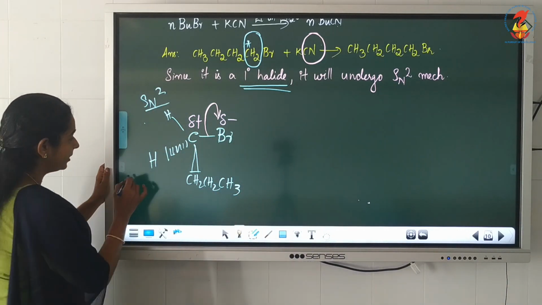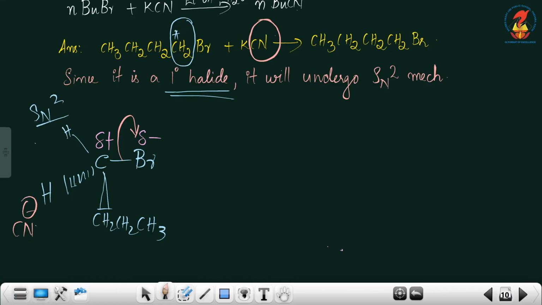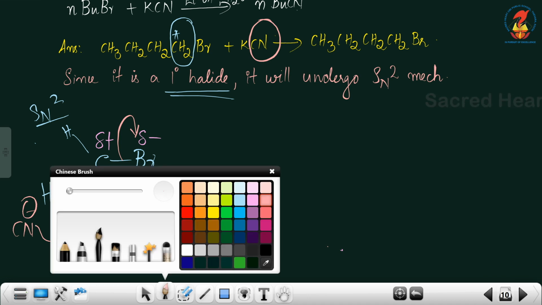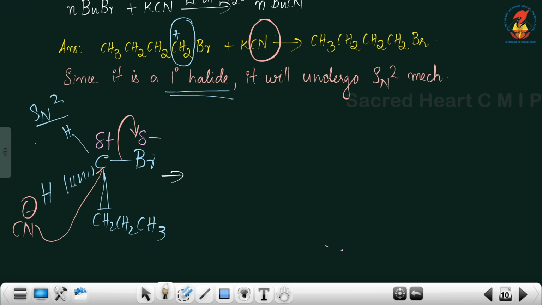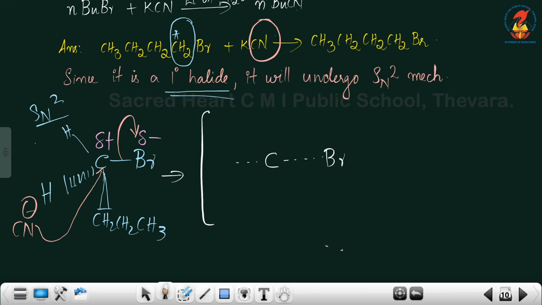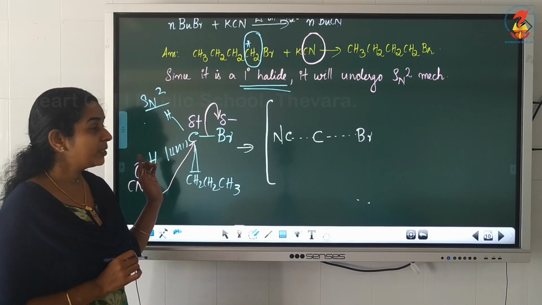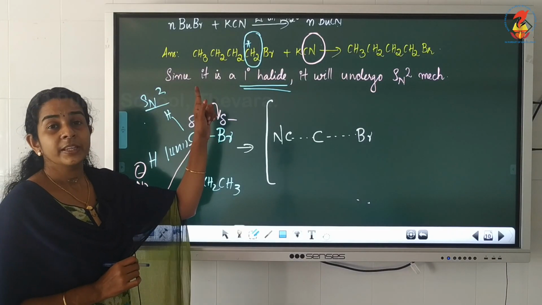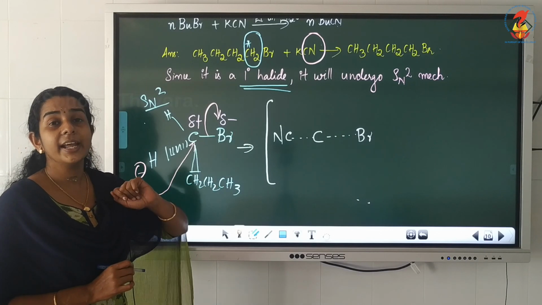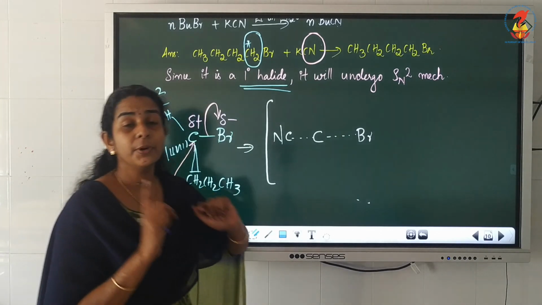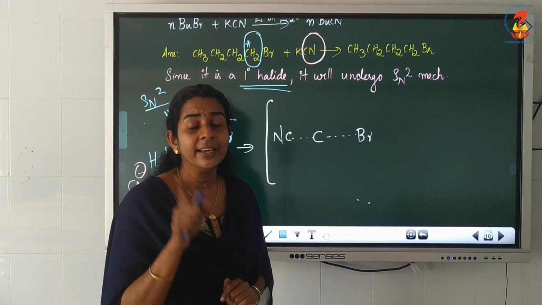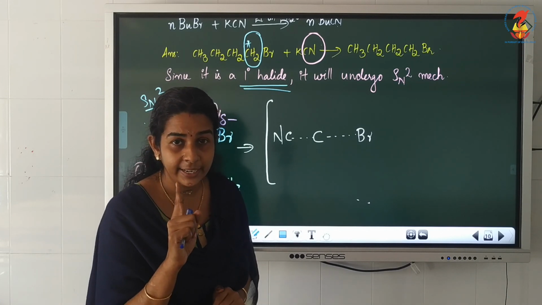The CN minus will be attacking from the back side of the leaving group. Both take place simultaneously. So we get a transition state where the C-Br bond is breaking and the C-CN bond is forming. When you write, you must be very careful. When KCN reacts with alkyl halides, bromine will be replaced by CN, resulting in the formation of cyanides.